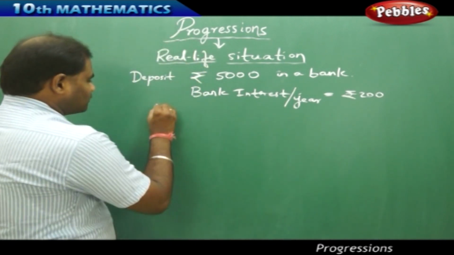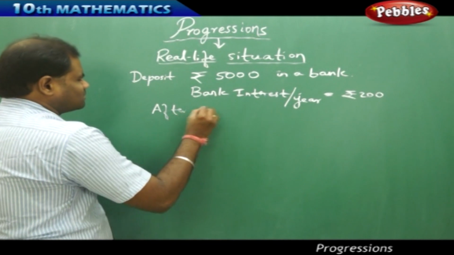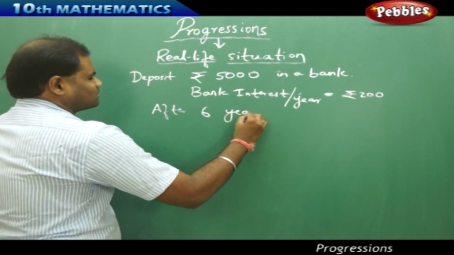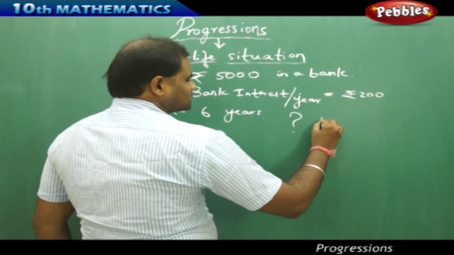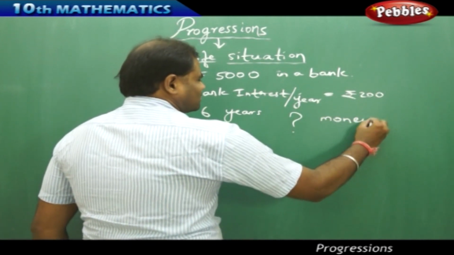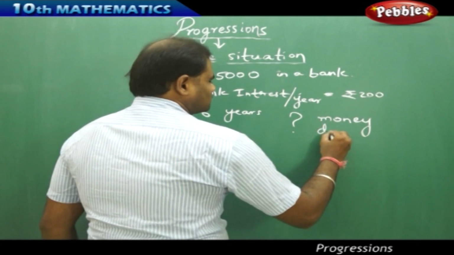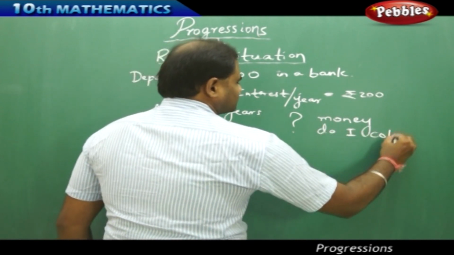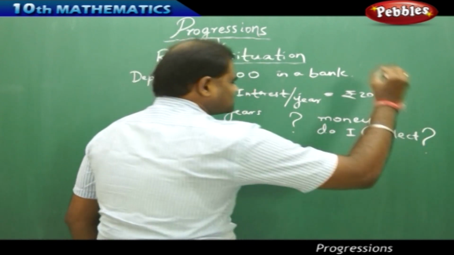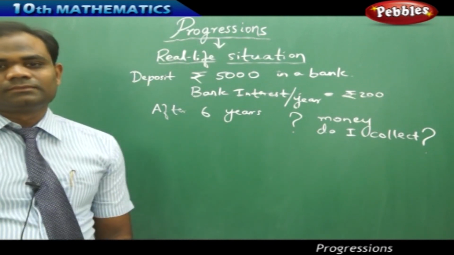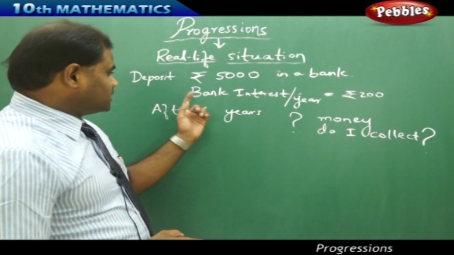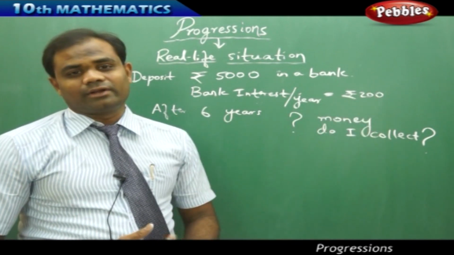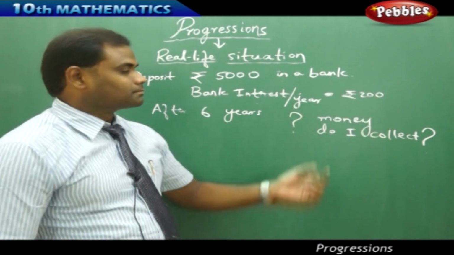So if I go after 6 years, what will be the amount of money? How much money do I collect is the biggest question here. After 6 years, definitely the money increases because the interest rate is 200 per annum, or per year.